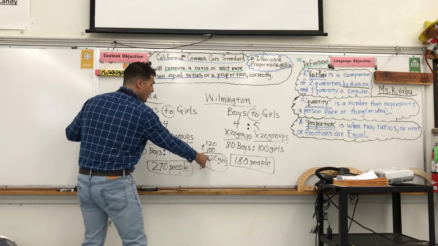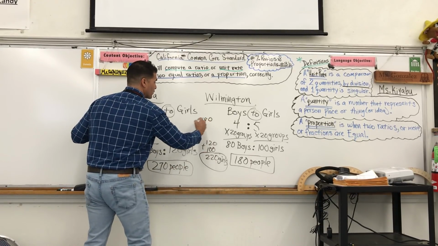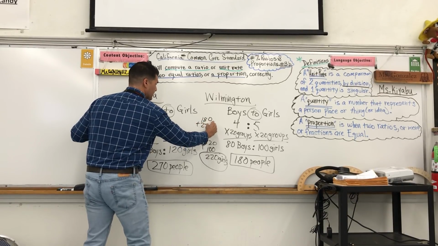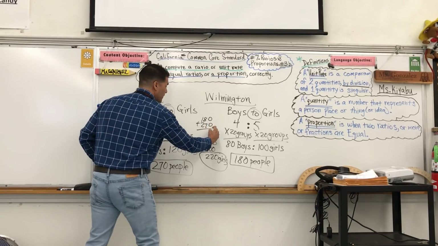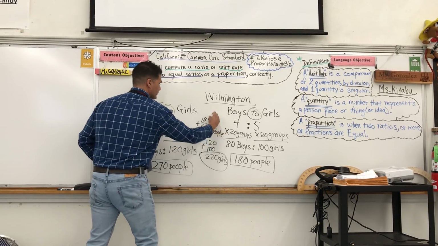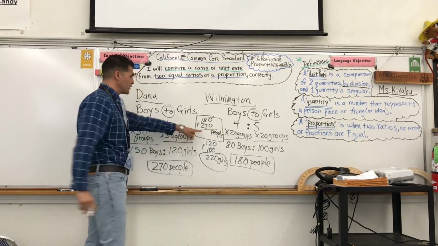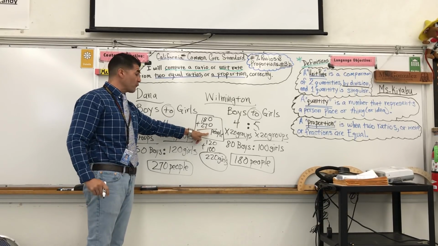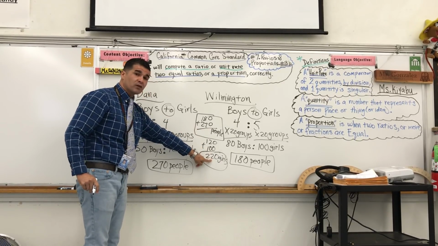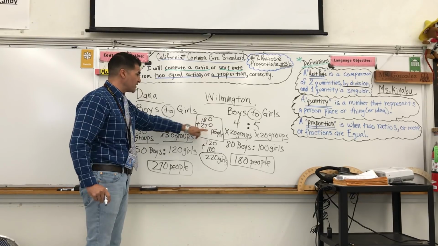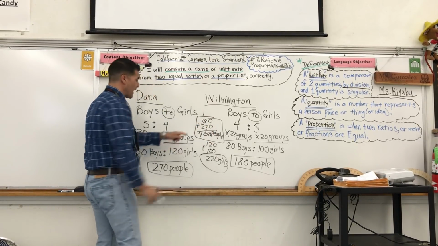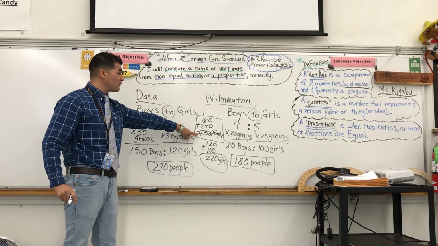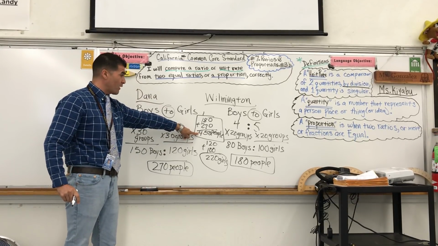So again, we have to add up 180 people total plus 270 people total, and figure out the total people that are going to be here. This is important to know, because in order to make a fraction, we need the part of the girls that are going divided by the total number of people here. So we're going to get 450 people total if we add this up correctly.